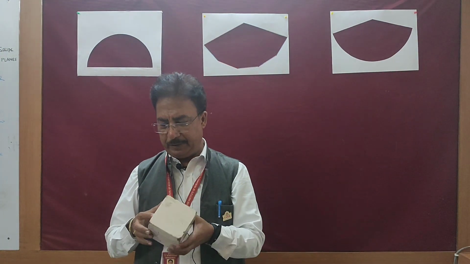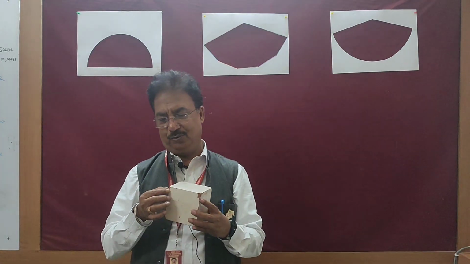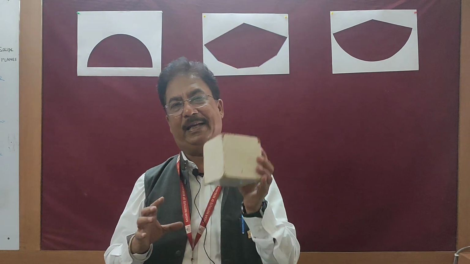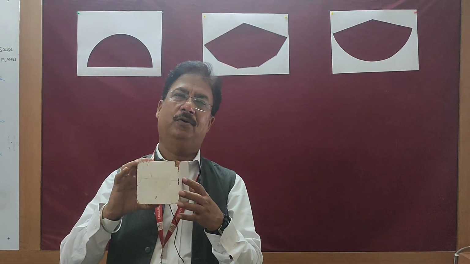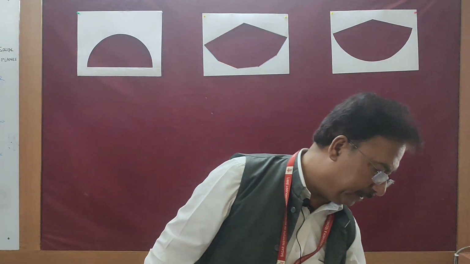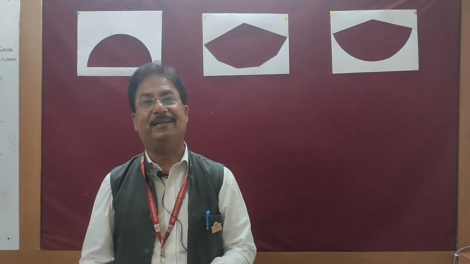If we know that this cube is made by 6 squares, then if I open it, we get 6 squares, and if I wrap that paper back, I get a hollow cube of paper.